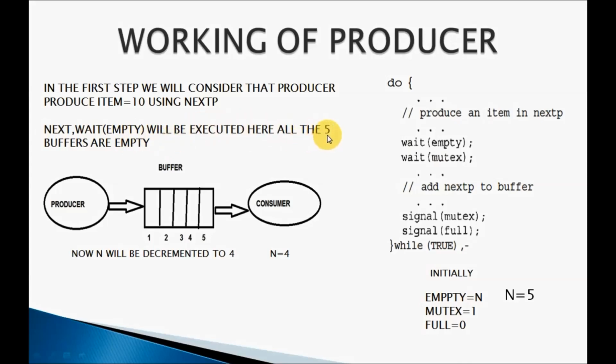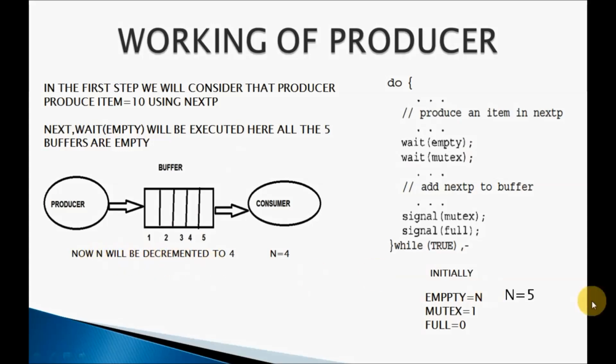The empty value is 5. That means what? All the 5 buffers are empty. You can see the diagram. Now the producer can produce without any problem because all the 5 buffers are empty. But along with checking the empty condition, wait means what? I already told you, wait is going to decrement the value. So it will decrement the value of empty.